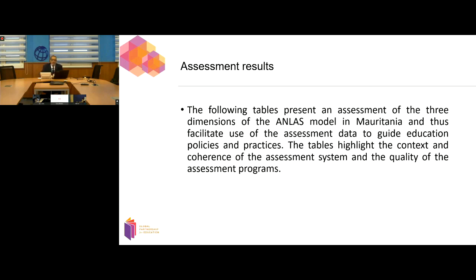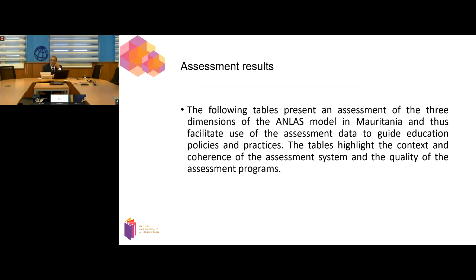As you've already heard during the first presentation, the results are co-signed. At first, we had an assessment of the different major axes for the different assessment programs.